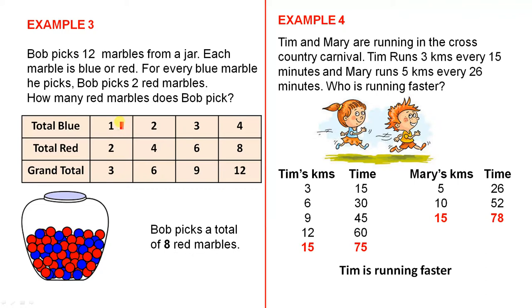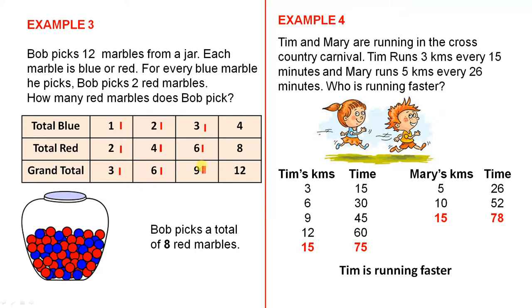So there's 1 blue and 2 reds, which gives you a total of 3. If he picks 2 blue marbles, that means he picks 4 reds. That gives you a total of 6. If he picks 3 blue marbles, he picks 6 red.